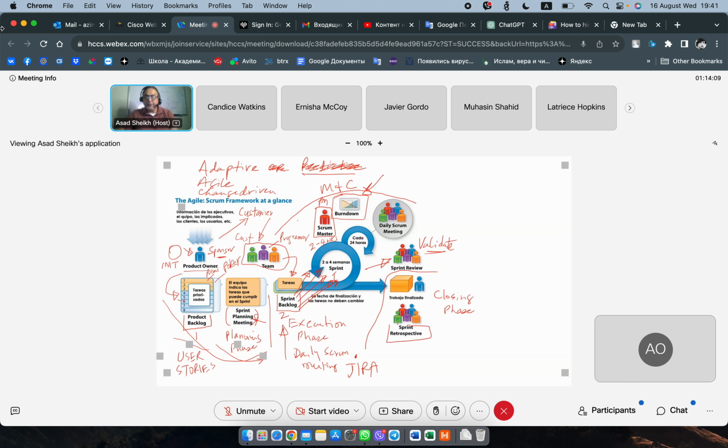Sprint retrospective is almost like the sprint is over, or the last day of the sprint, or maybe a day after the sprint, you're doing a sprint retrospective. You're reflecting on how your sprint was done. It's almost like a reflection, and it's equal to your lessons learned meeting.